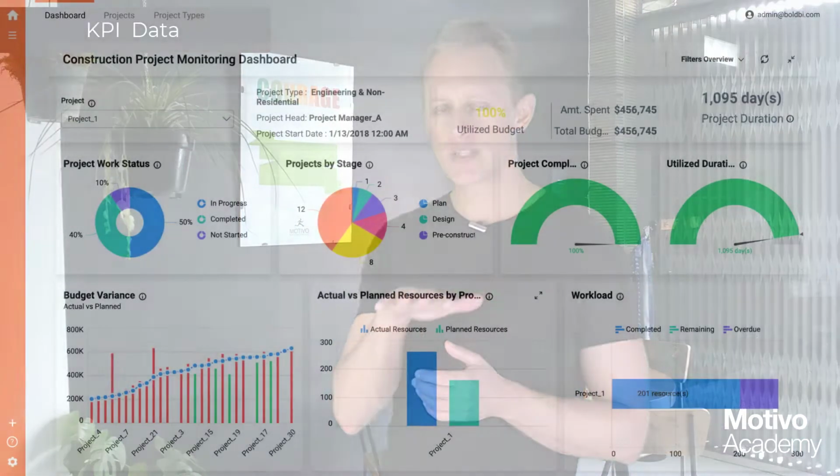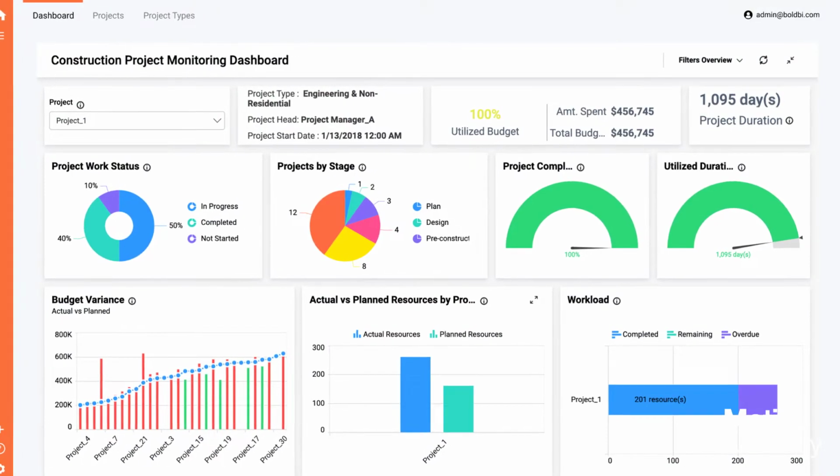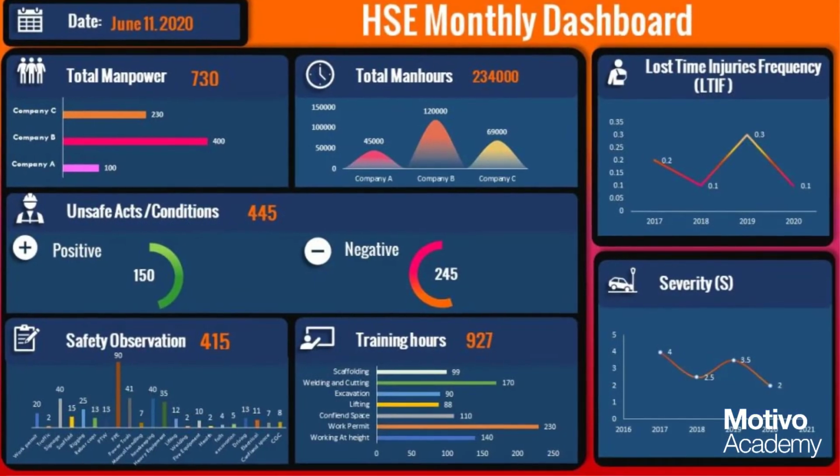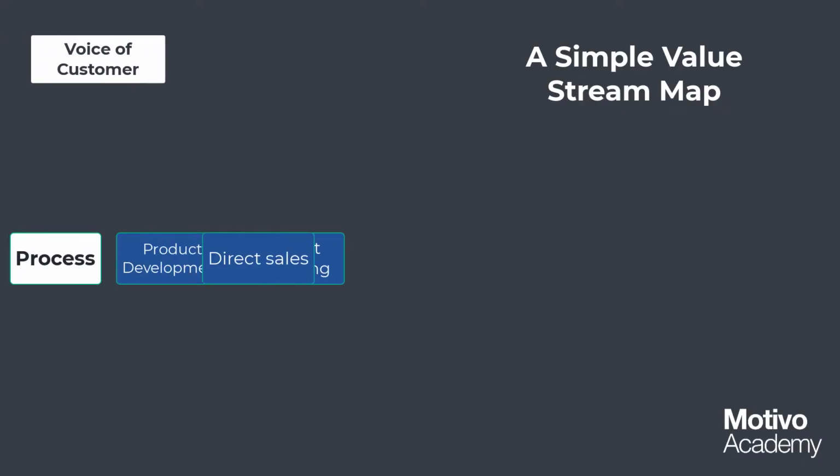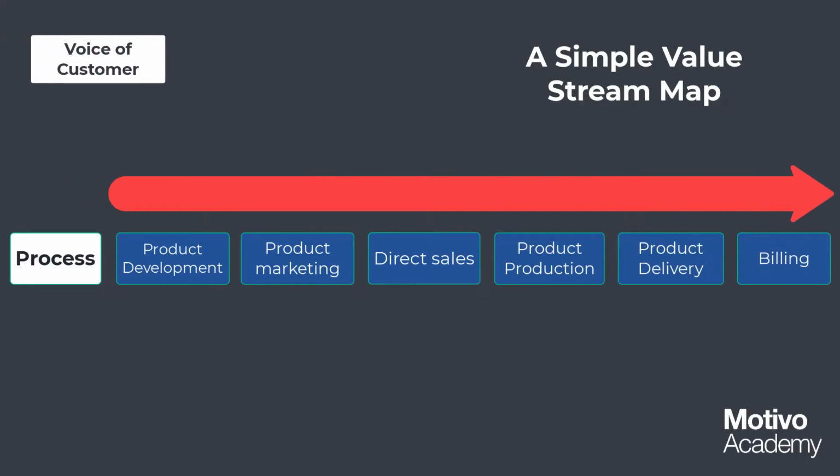But essentially, KPIs are made by mapping the processes and systems that go into an output. For a business, the main systems and processes would be voice of customer usually first, so that's market research and what they think about the product. Then you might have product development, then marketing itself.